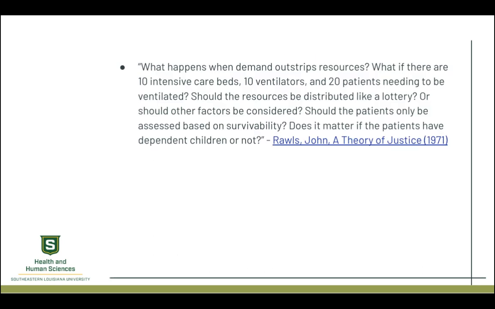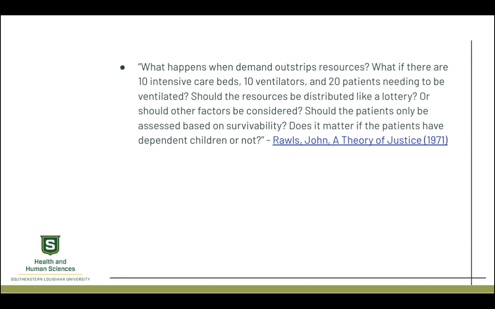The concept of distributive justice comes from John Rawls, in his book called A Theory of Justice, published in 1971. He asks what happens when demand outstrips resources. What if there are 10 intensive care beds and 10 ventilators, and however there are 20 patients who need to use a ventilator? How do you as healthcare workers decide who gets the ventilators? Do you do that by a lottery?